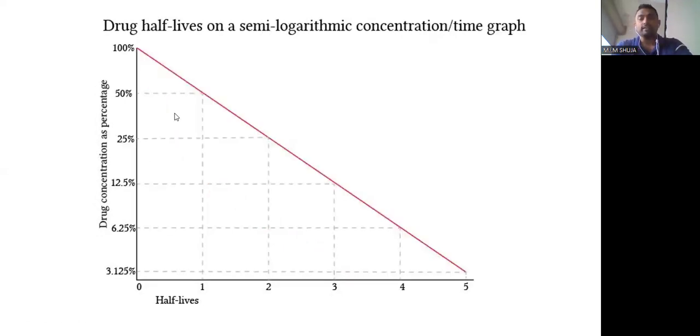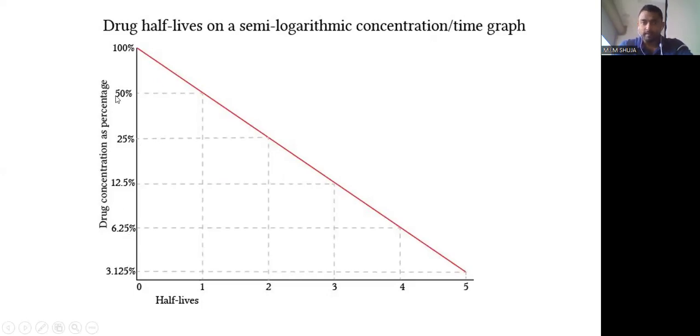If you take that on a logarithmic graph to make it easier, it will give you a linear graph like this. So each half time 50, 25, 12.5.